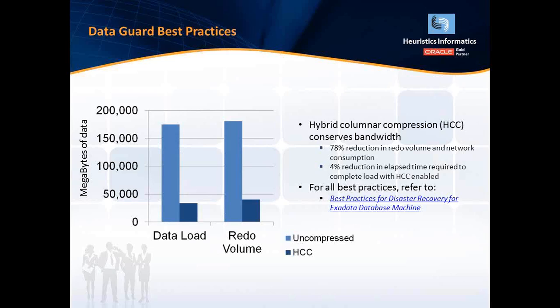However, there is up to a 78% reduction in the volume of redo and network that gets utilized, which means that your apply or your transport is much faster because there's a 78% reduction in the amount of data that needs to be transported from one side to another.